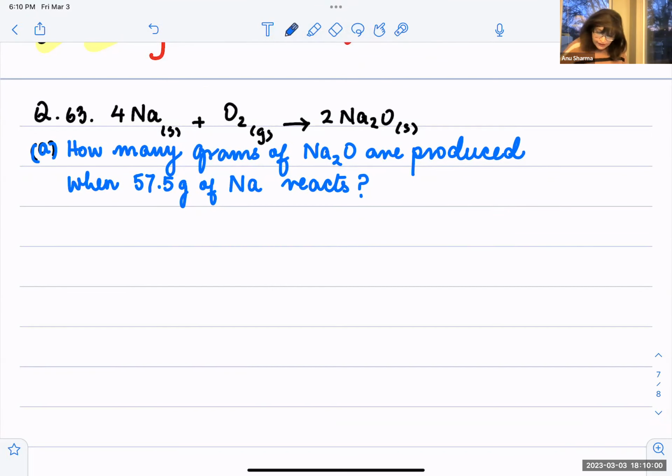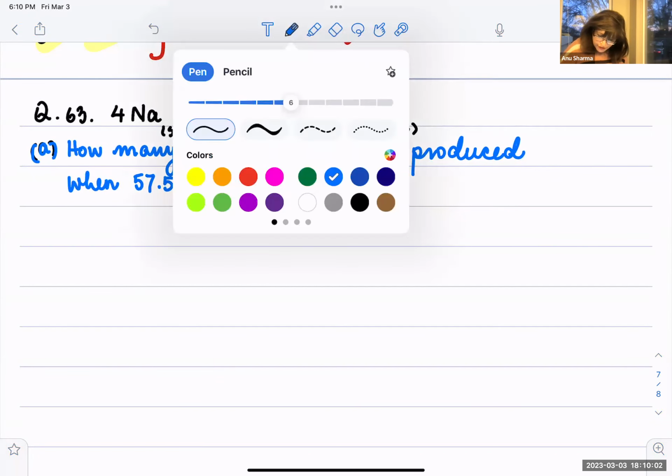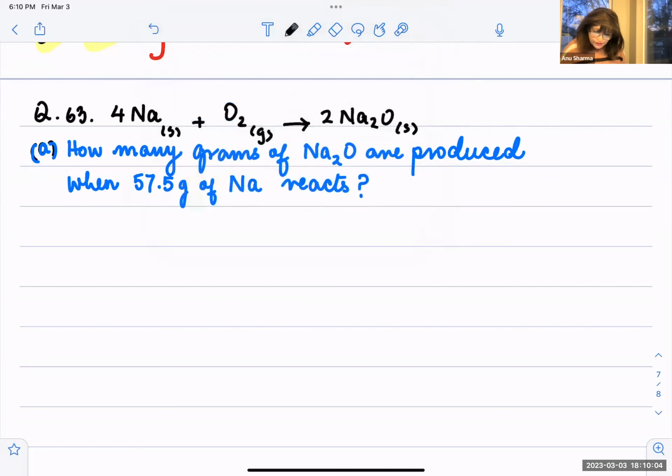So here we are looking at the relationship of, yes, this is a balanced equation. We are given the sodium, and we are looking at Na2O. You always have to look at the question, what is given to you and what you need to find.